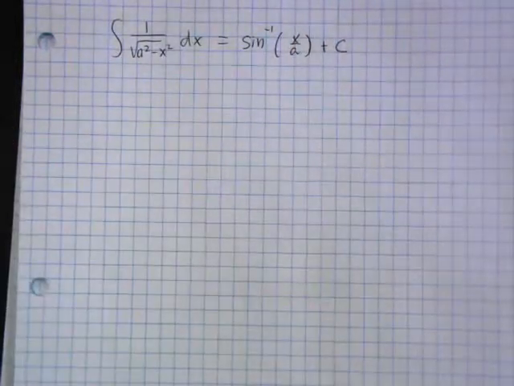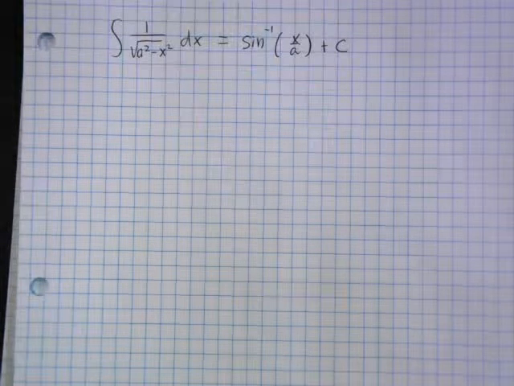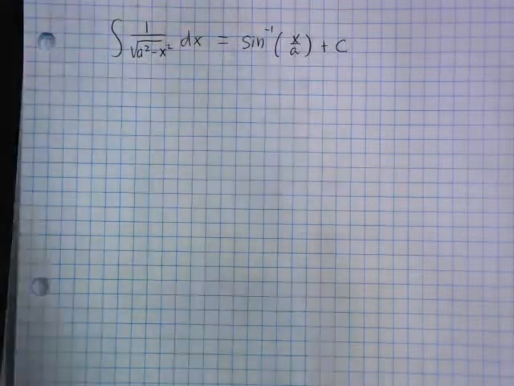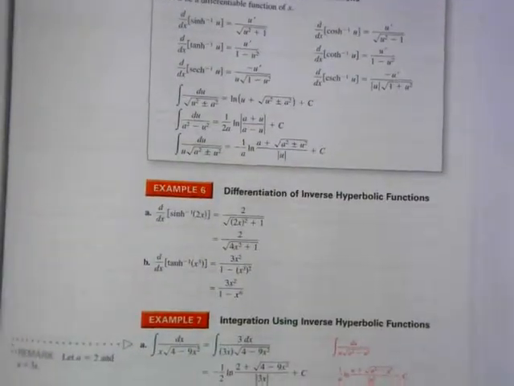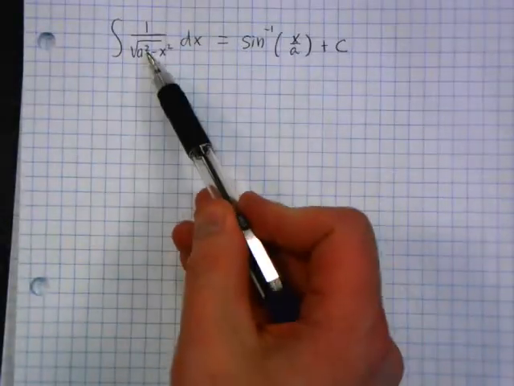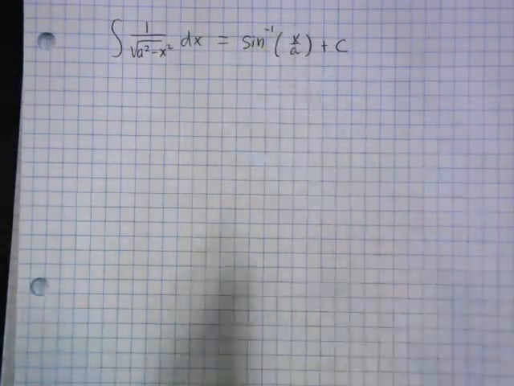That was our sine inverse. So when we had a squared minus x squared, we got sine inverse.